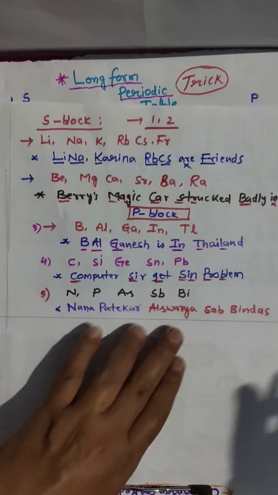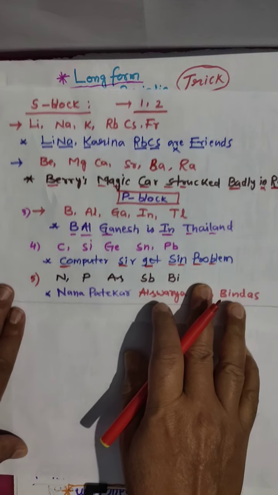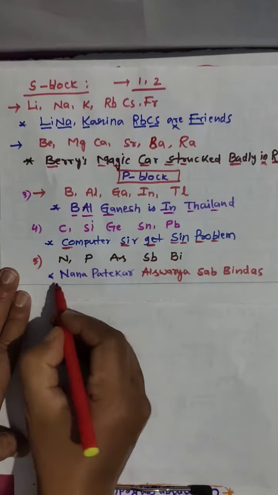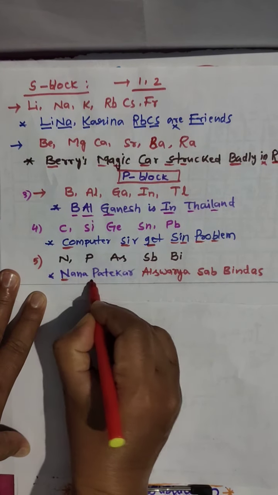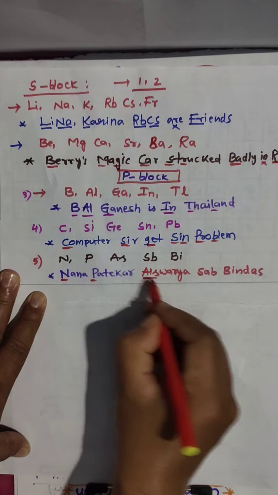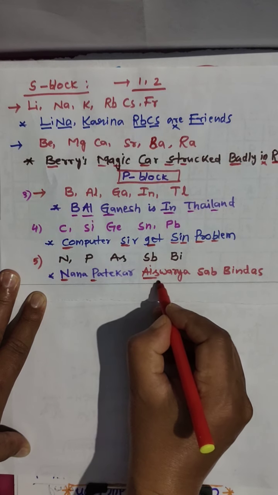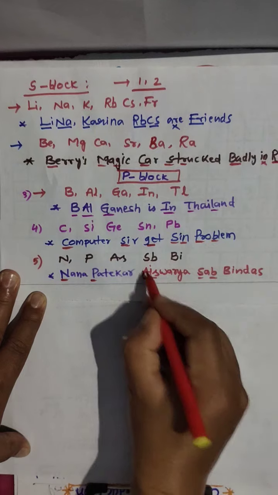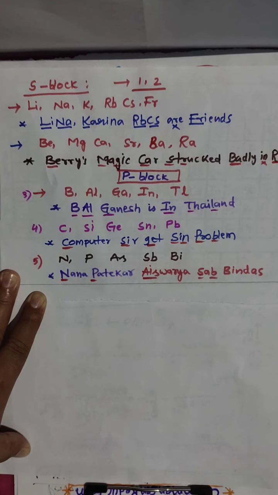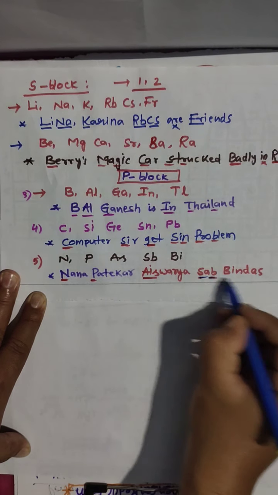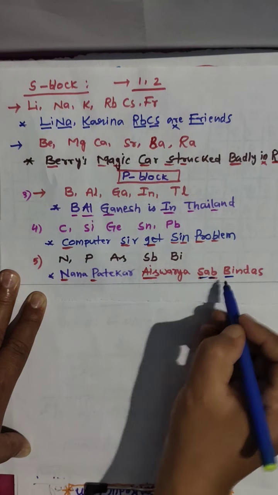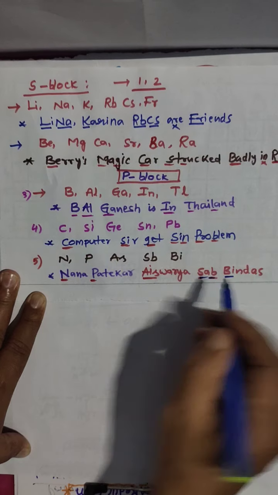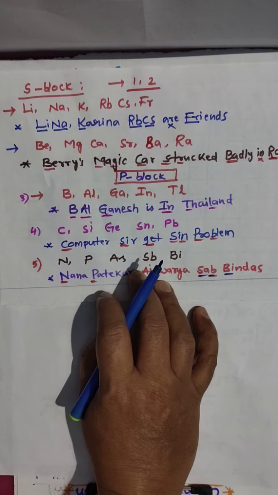Simple. Clear? Nana Patekar, Aishwarya, Sab Bindas. Nitrogen, phosphorus, Aishwarya As, arsenic. Sb we have, stibium. And Bindas, Bi, bismuth. Nana Patekar, Aishwarya, Sab Bindas. Clear? This is the nitrogen family.